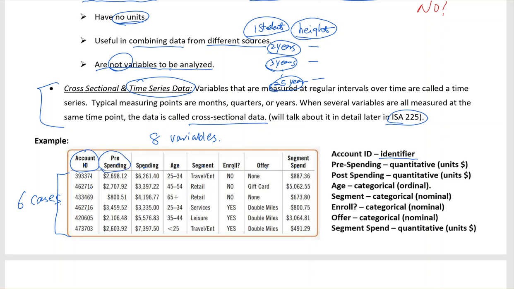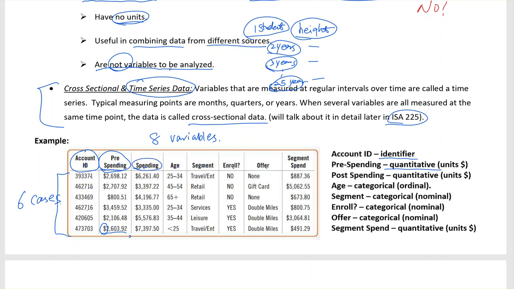Alright, next, pre-spending. For this variable, the responses are numerical values with units, and these are measurements of the price for pre-spending. So it is quantitative. Next, spending.